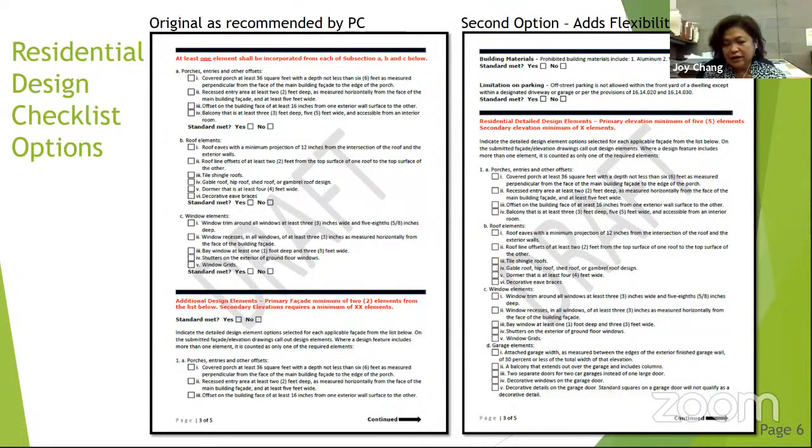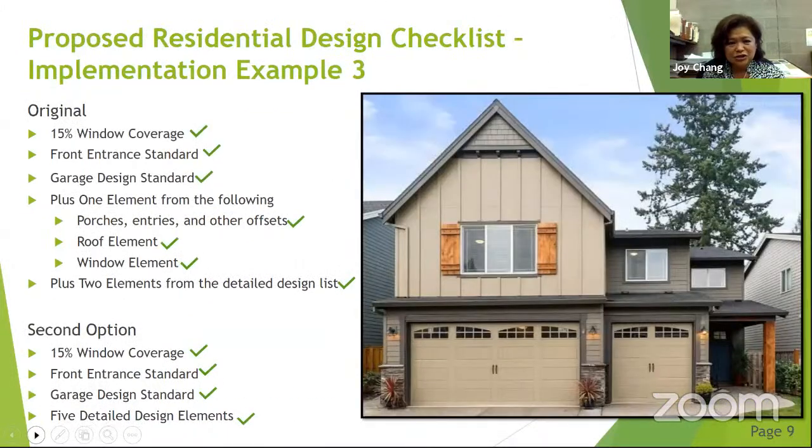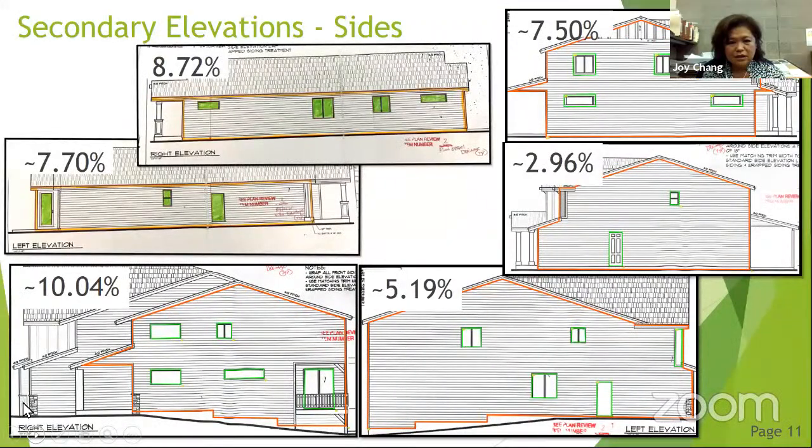Since it's a secondary element, we're already requiring a 10% window and door trim, shutters. I don't believe that it's necessary, just because from the example that I provided as far as the side elevations themselves, this was the only one that met it, and you can just see how many windows there are.